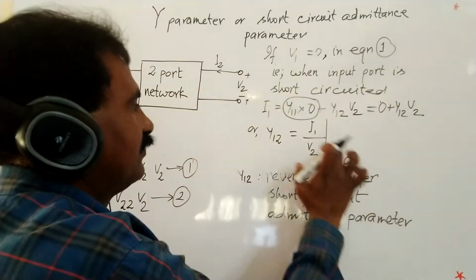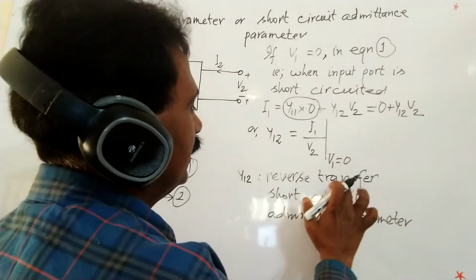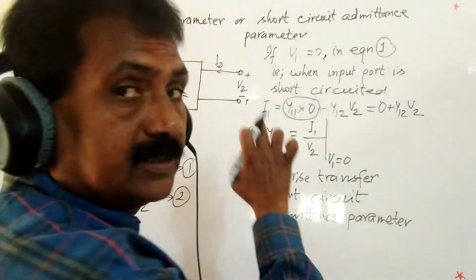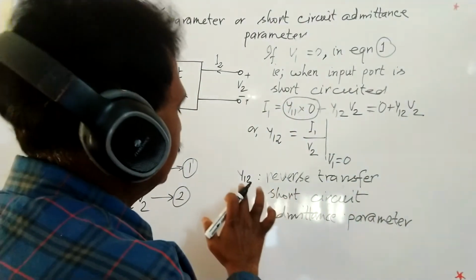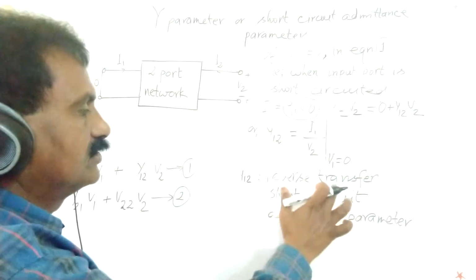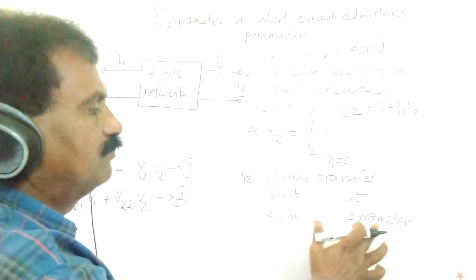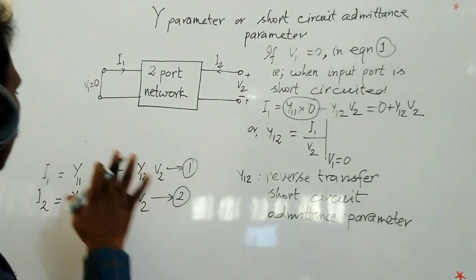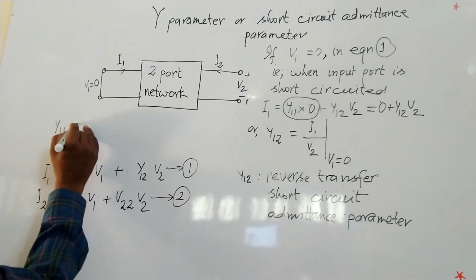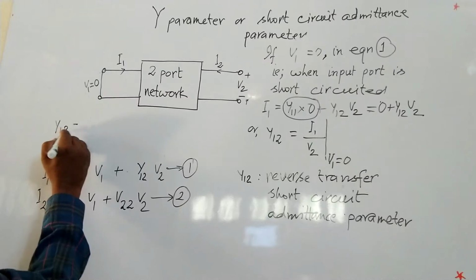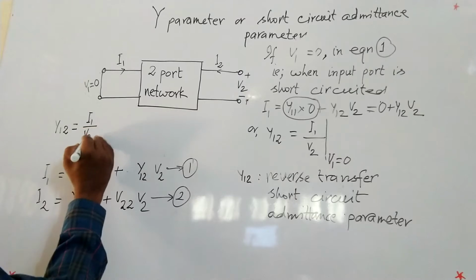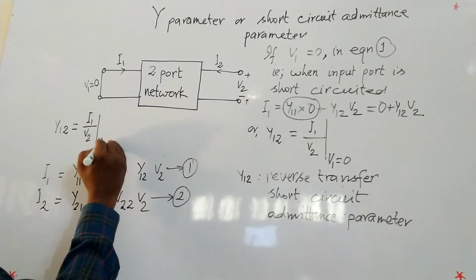The values are from different ports, so that is transfer, and it is not from 2 to 1. It is from 1 to 2. Therefore, reverse. Therefore, the full name of Y12 is reverse transfer short circuit admittance parameter. Okay. Now let us write here, for our convenience, Y12 equal to I1 by V2 when V1 equal to 0.